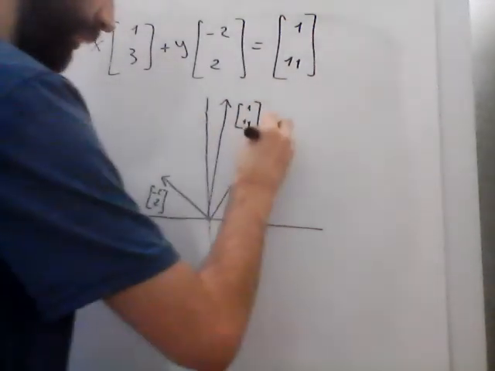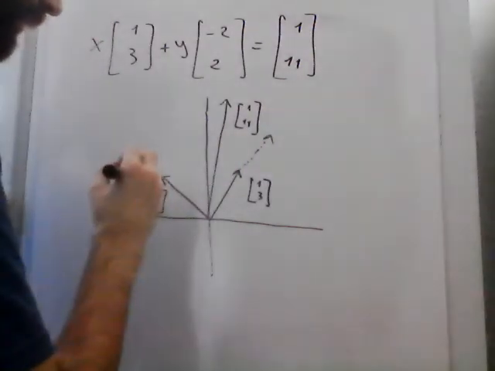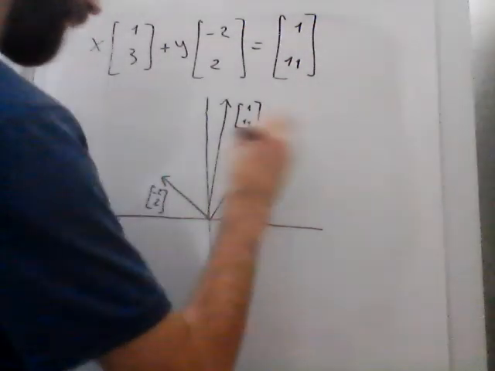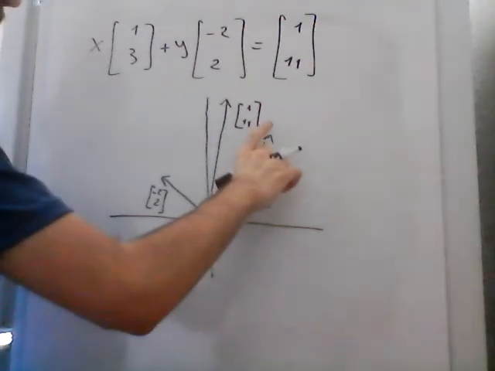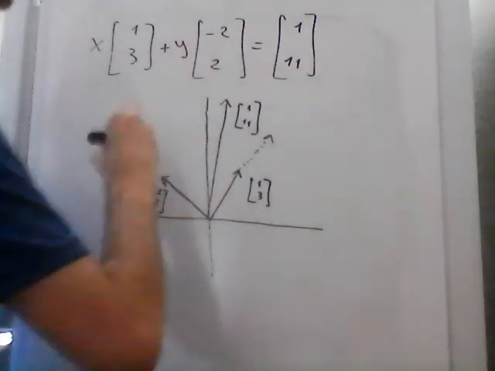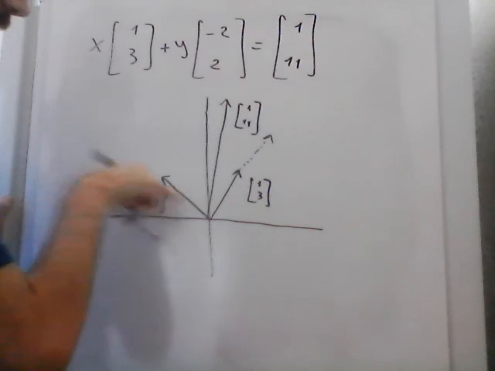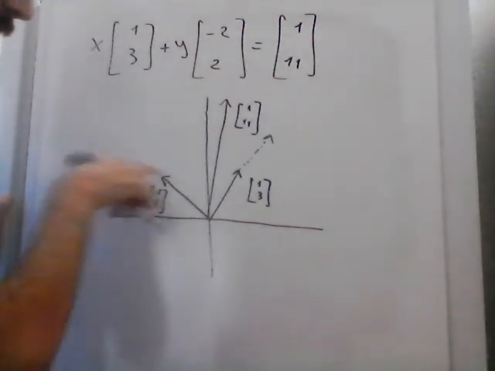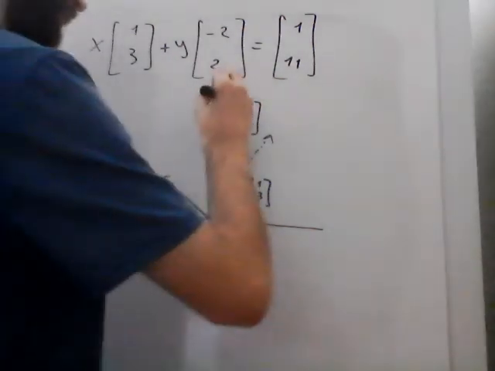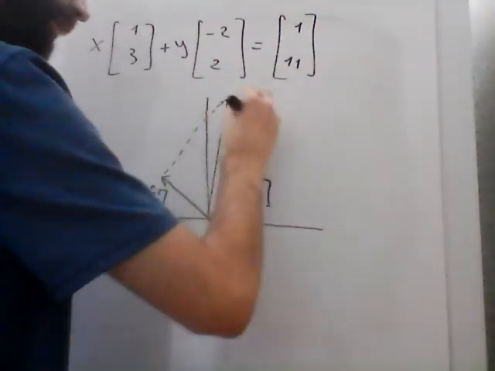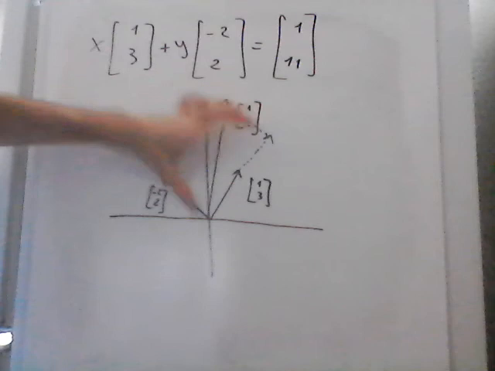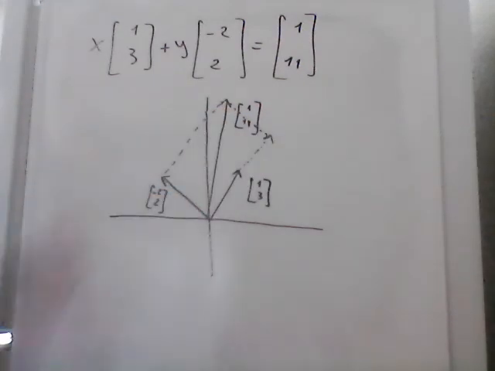So this picture is going to be a bit problematic, but think of this arrow as this arrow rescaled by a factor of 3, and if we rescale this arrow by a factor of 1, we get the arrow back, and then this vector is going to be the sum of this rescaled arrow and this rescaled arrow.